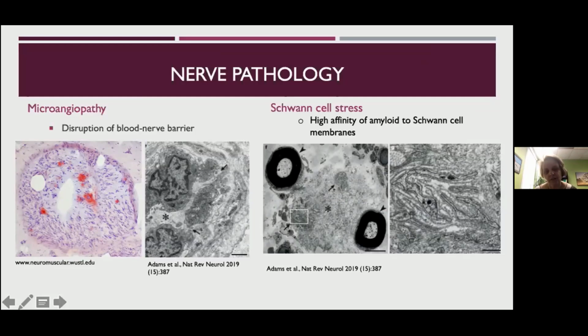Here you can see thickly myelinated axons that are completely intact. But then here in the middle is this amorphous material, which is amyloid. And at higher magnification, you can see it binds to Schwann cells. By binding to the Schwann cells, it is thought that it disrupts Schwann cell function, and Schwann cells stop supporting the axons and induce axon degeneration.